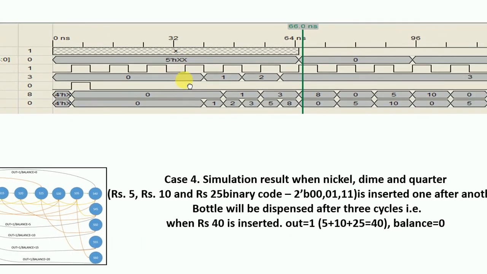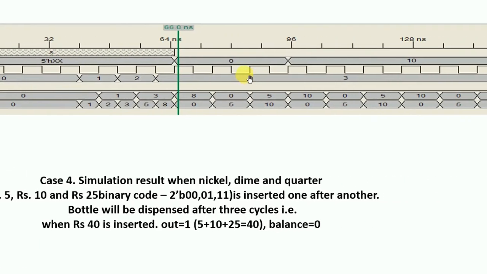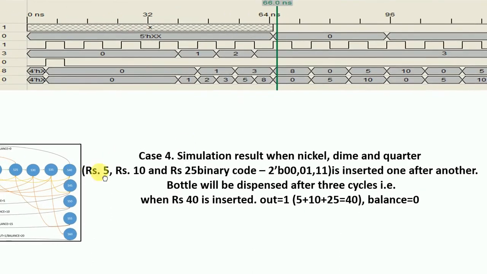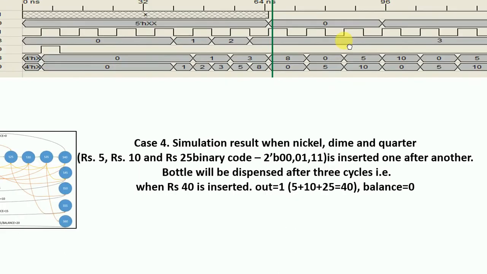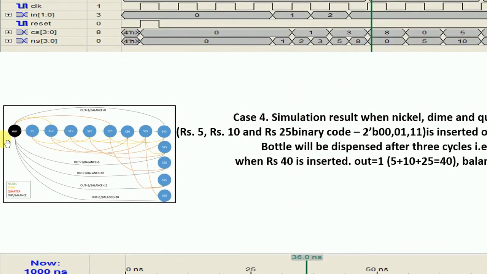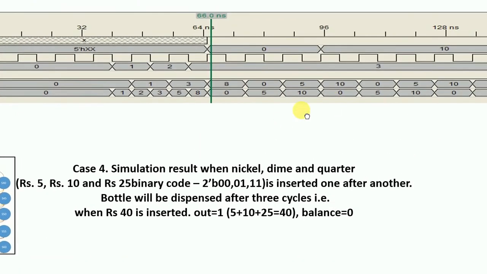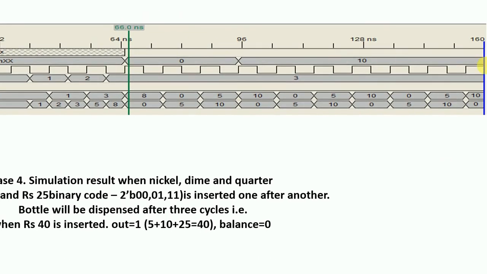That means the balance is not defined here. Now as soon as we reach the 40 state, our output will be 1 but our balance will be 0. Then we keep on inserting the 25-cent coin, 25, 25. Now as soon as we reach the 10 state, our balance will be 10. That is exactly, our balance is 10.